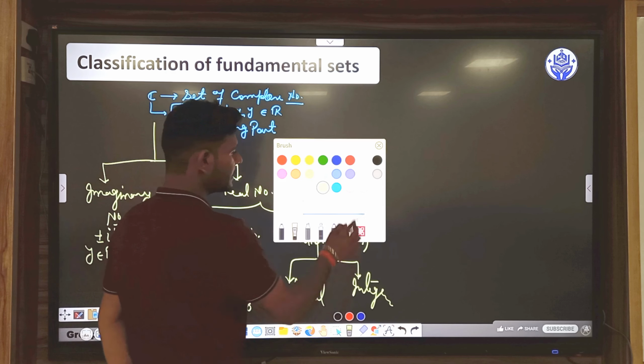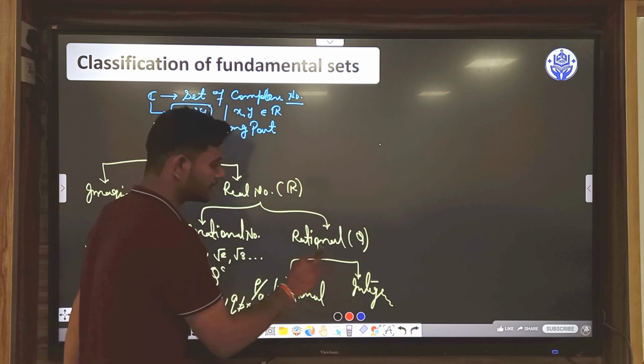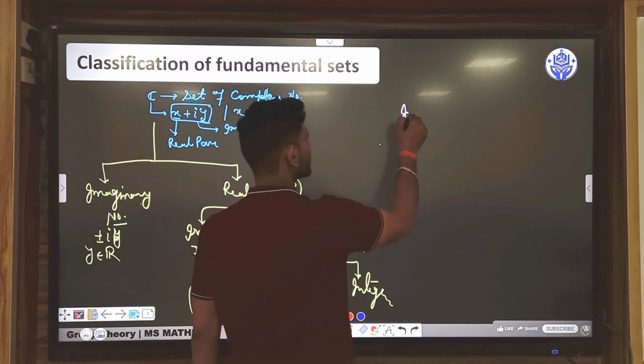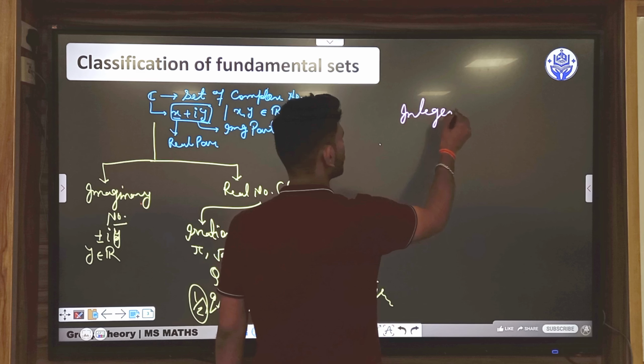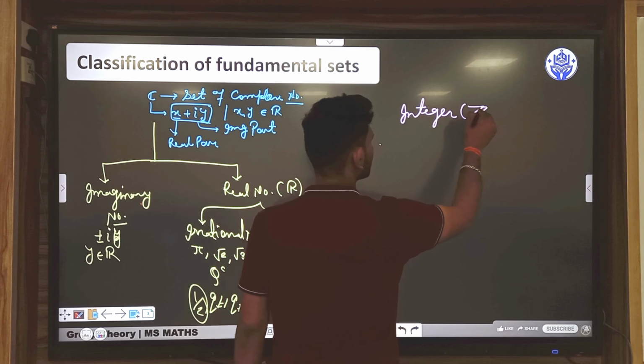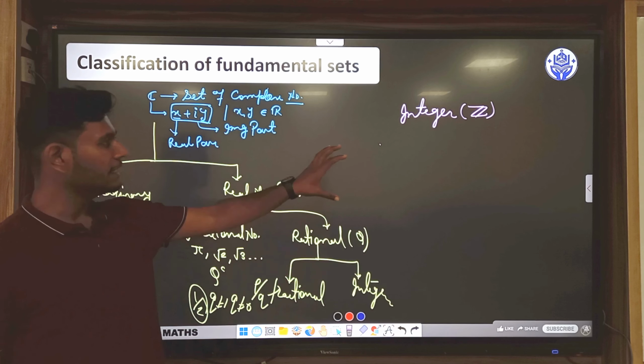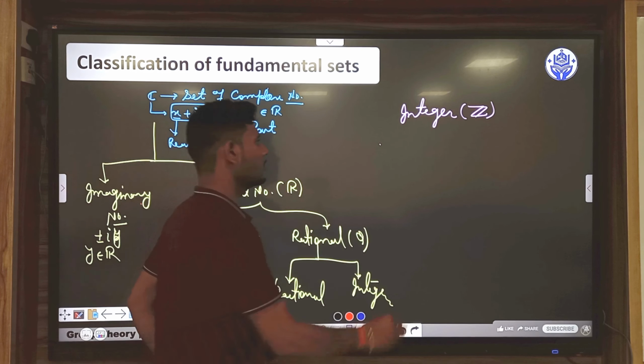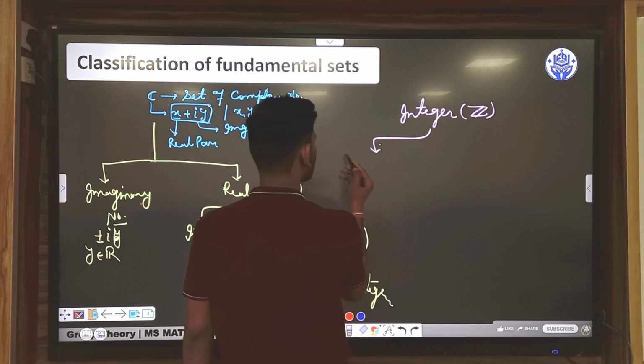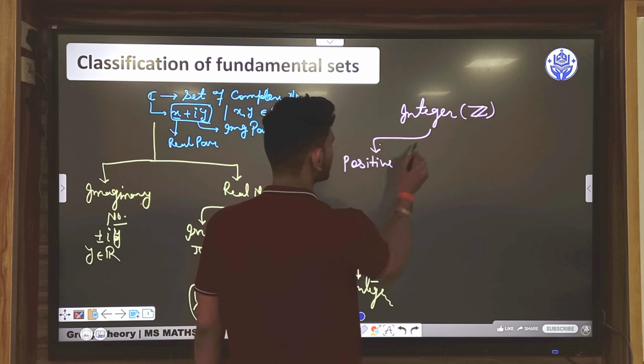So the next target is integers. What do we mean by integers? We denote it using Z, and the set of integers again has three parts: positive, zero, and negative.